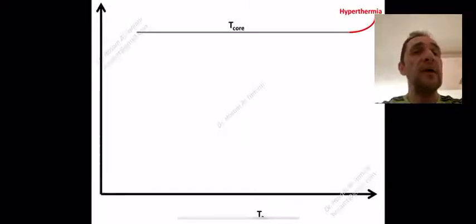Now, on the far right side of the core body temperature, you can see that when the body temperature can no longer be maintained at a stable value, the state of homeothermy is lost. In this case, we refer to this as hyperthermia. On the other hand, on the far left side, we can see the curve depicted in blue.